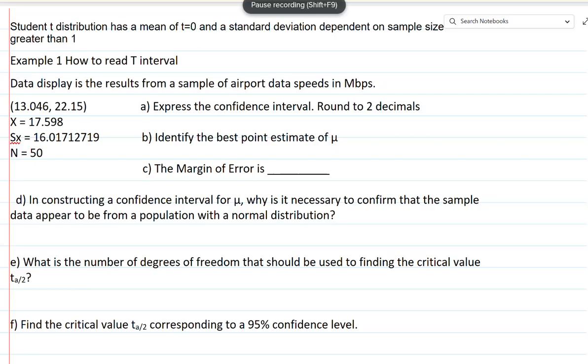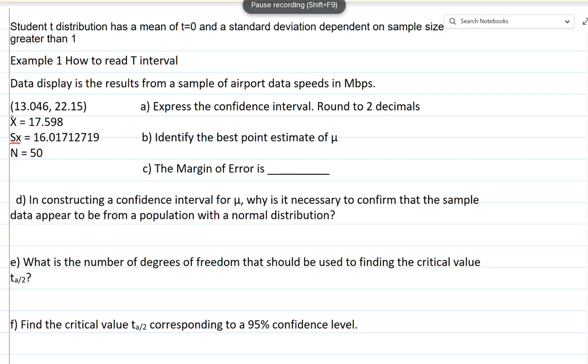How to read a T interval is our first example. So here we have a display from a sample of airport data speeds in Mbps. It reads the interval 13.046 to 22.1500.